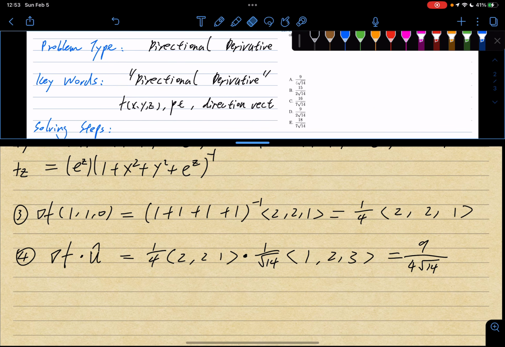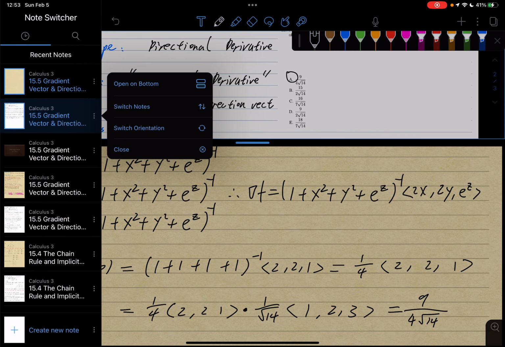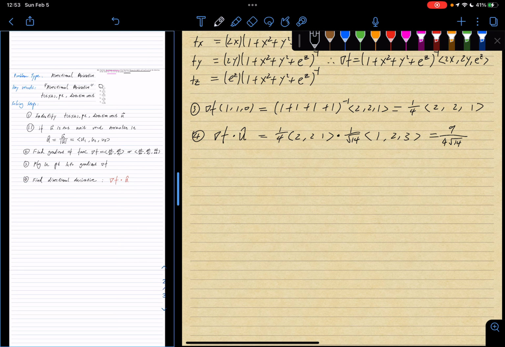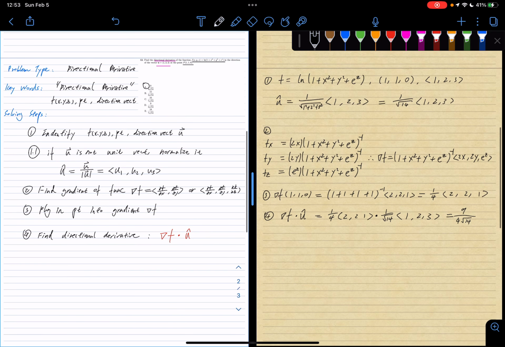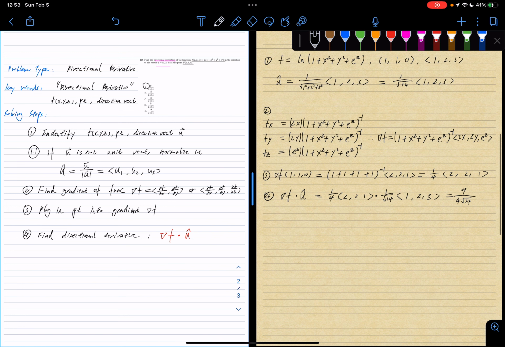I think that's answer choice A. So that is all I have for you for gradient vectors as well as directional derivatives. In many cases, what I'm teaching is how to systematically approach a problem and then utilize any necessary formula to arrive at the destination.